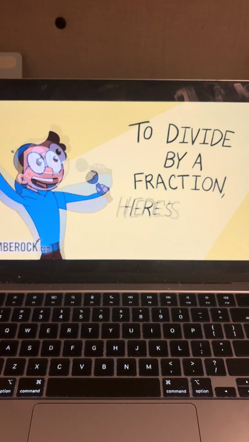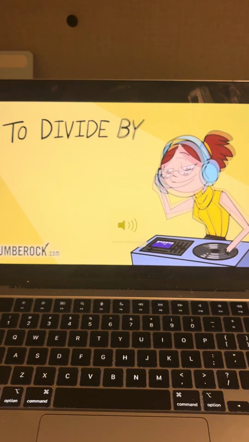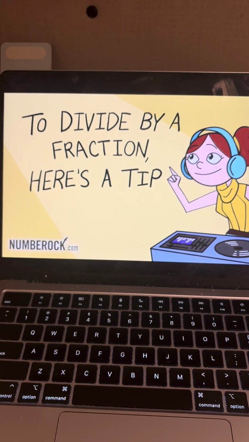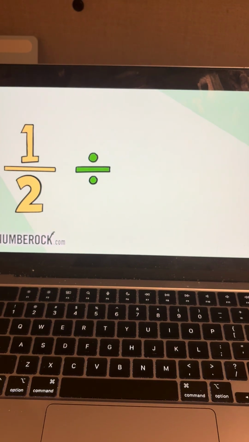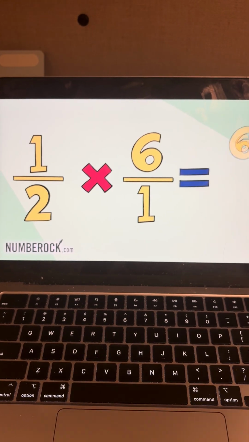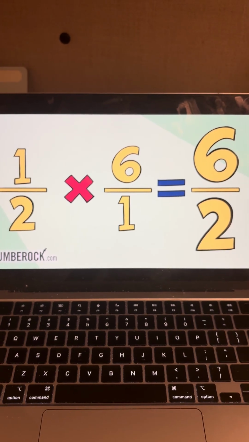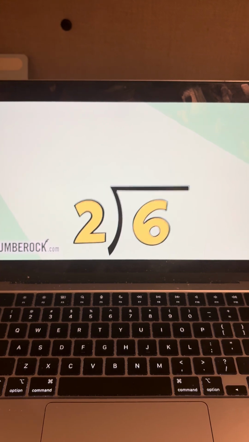To divide by a fraction, here's a tip. Keep, change, flip. To divide 1/2 by 1/6, keep, change, flip. 1 times 6 is 6 and 2 times 1 is 2. It's an improper fraction, so we're not through. Divide 6 by 2 and the quotient is 3.